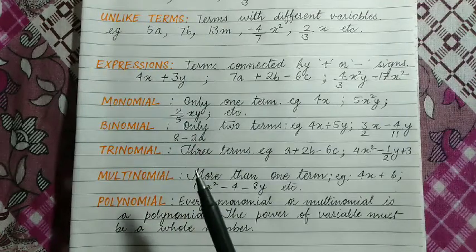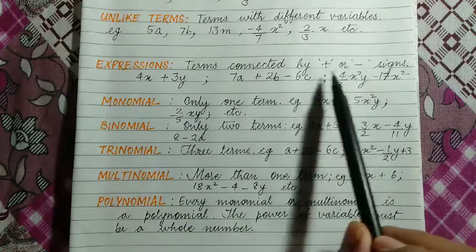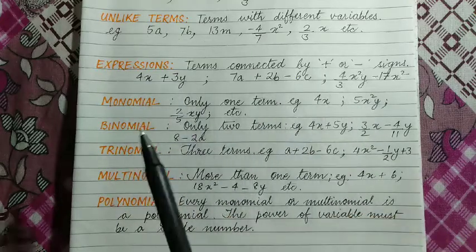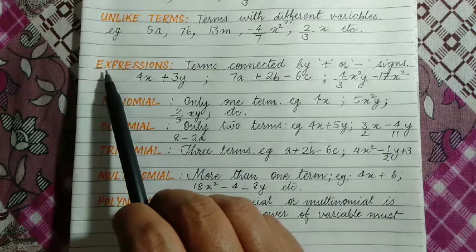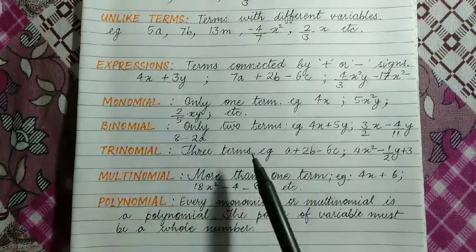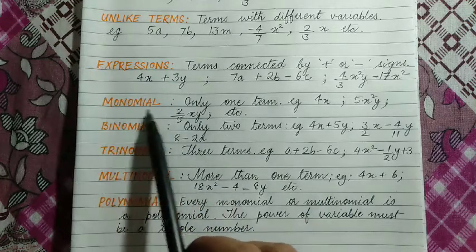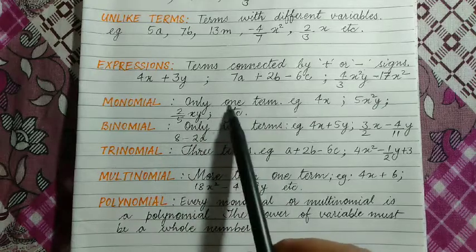Since these terms are connected by either a plus or a minus sign, we can classify the algebraic expressions into different types. The first type is a monomial. A monomial is an expression which has only one term.